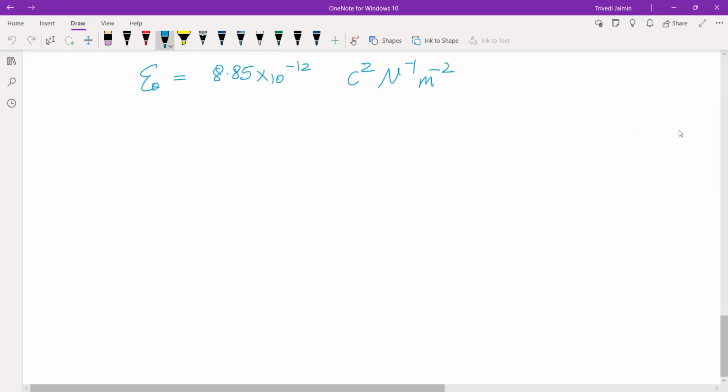So next, we'll see here. 1 by 4 pi epsilon naught equals 1 by 4 into 3.14 into 8.85 into 10 to the power minus 12. Can you multiply and divide 1 by this one? Can you tell me the value?